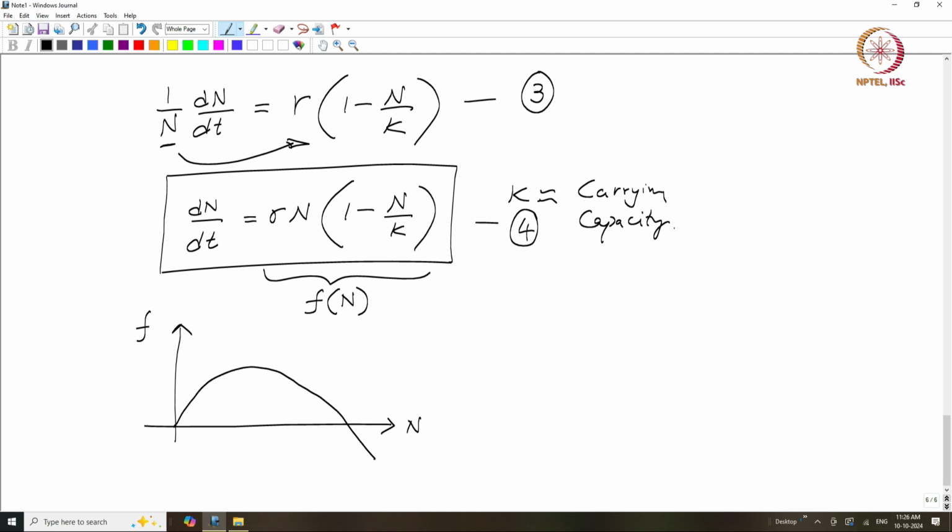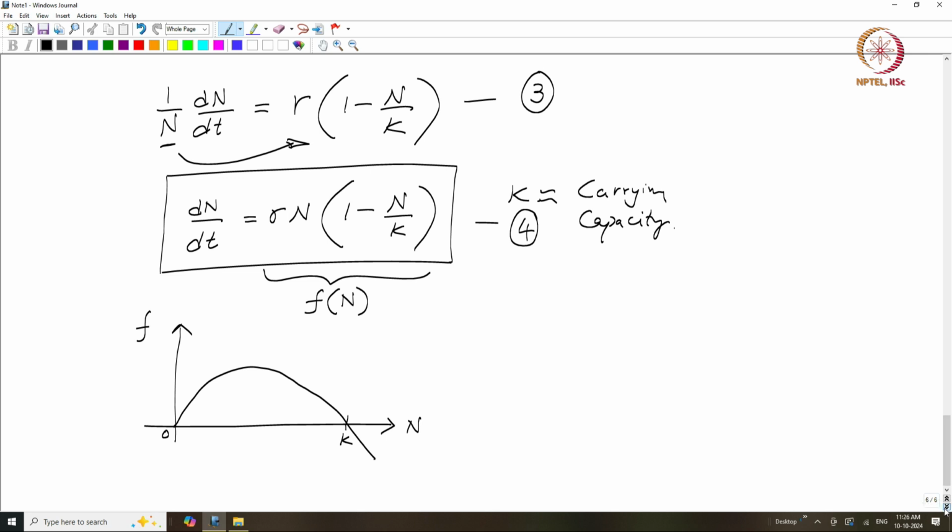It is 0 when the population size is 0, it is also 0 when the population size is k. So the population growth rate increases, reaches a maximum value and comes down to 0.